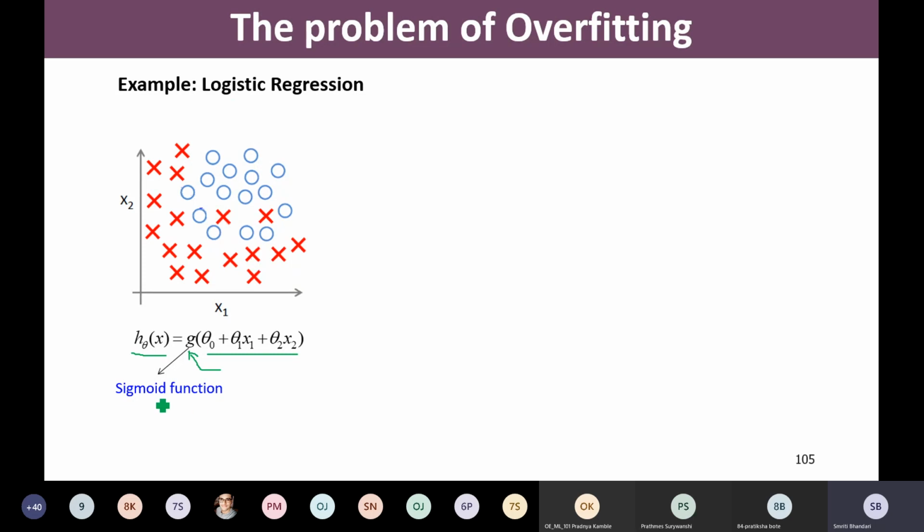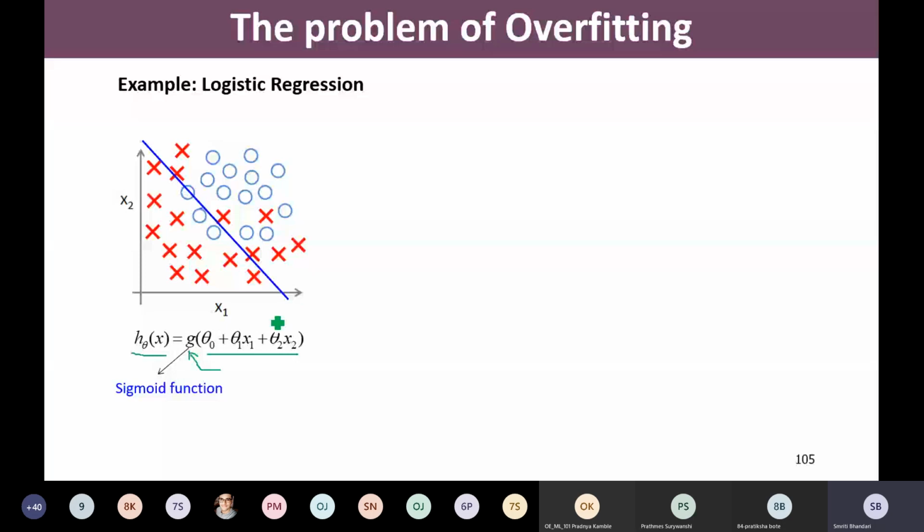So the hypothesis here is g of theta 0 plus theta 1 x1 plus theta 2 x2. If we make use of such a hypothesis, we may come up with a hypothesis like this, which is really very simple, okay?